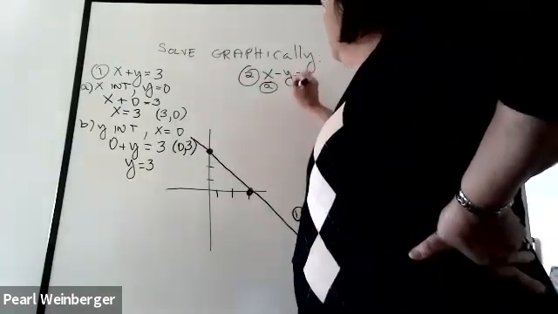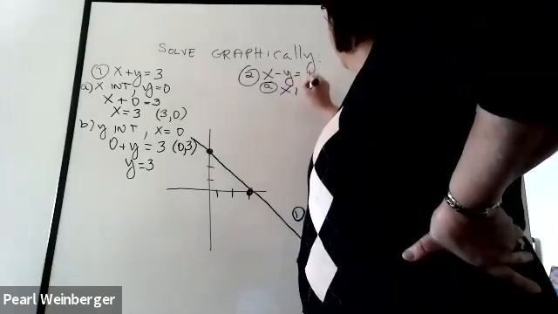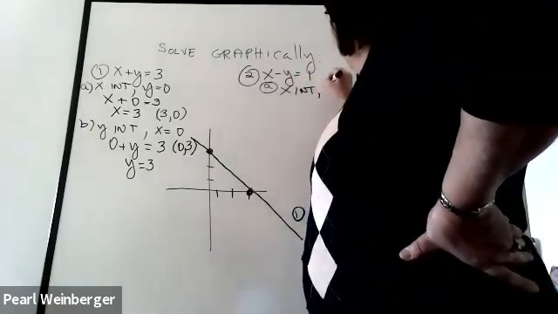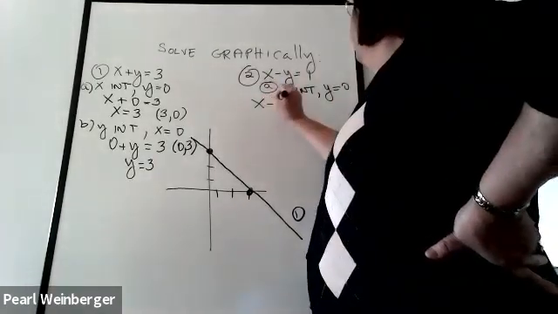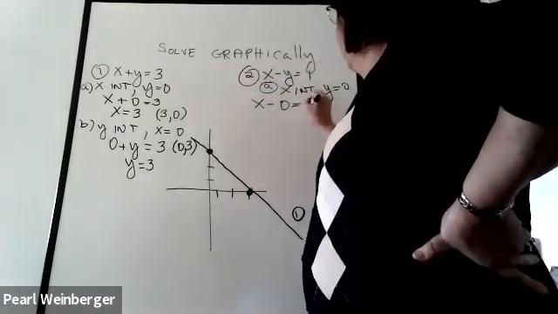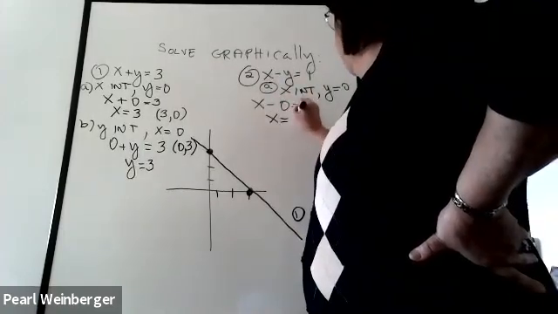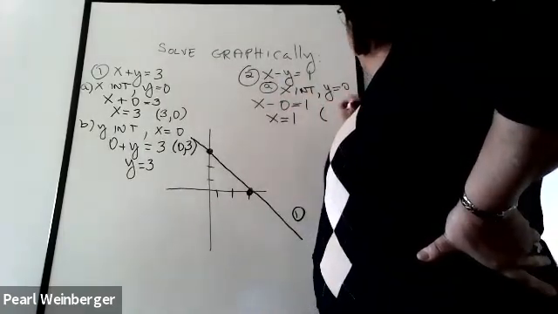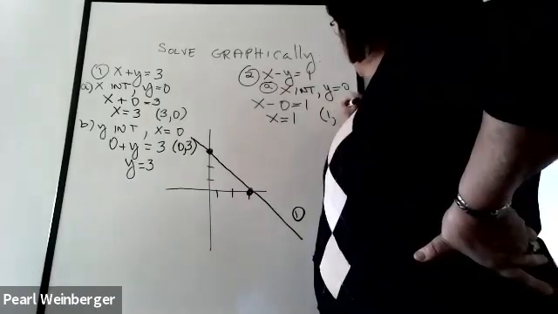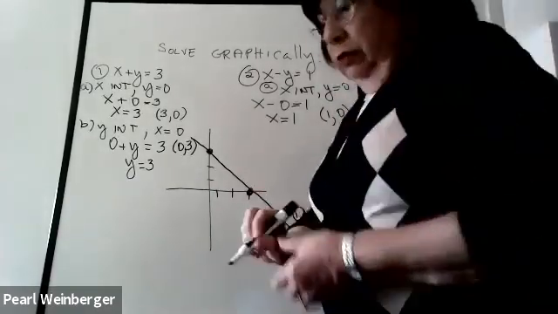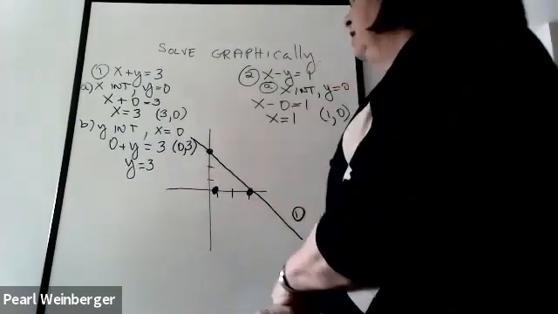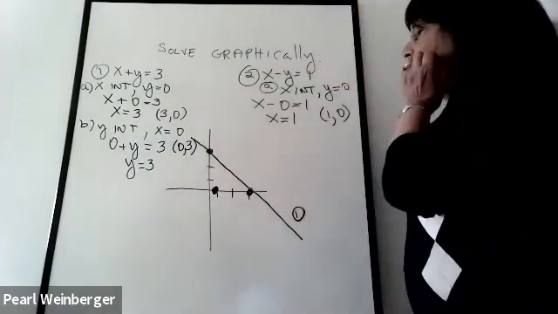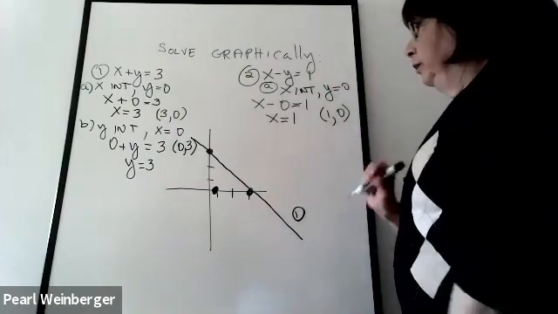So to find the x-intercept again, we're going to put y equal to 0, which will give me x minus 0 equals 1, which means x equals 1. The x-intercept is the point 1, 0. So here is 1, 0. This is the x-intercept for line 2.